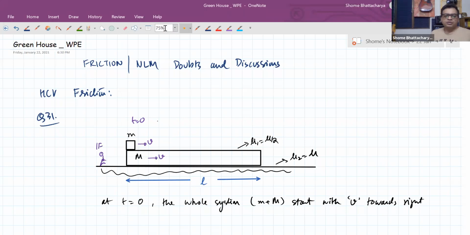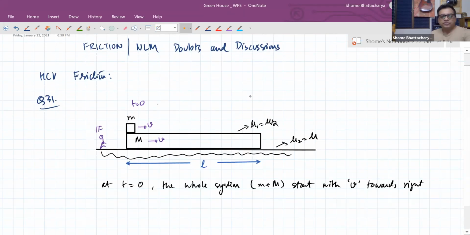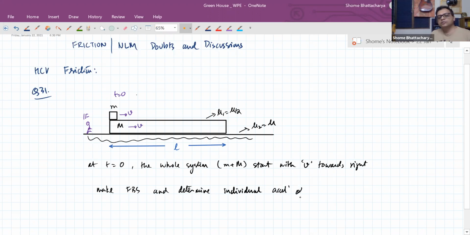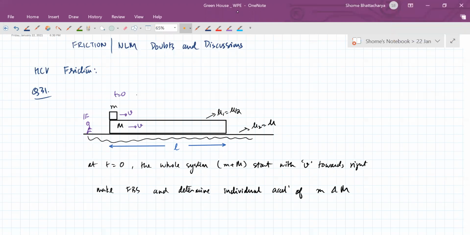Needless to say, it's a question where the first thing we have to consider is the free body diagram and how friction will act on the two blocks. So we'll make FBDs and determine the individual accelerations of small m and capital M. This is the first method we can do. Let's start with this. So just make this diagram, I'll show you.